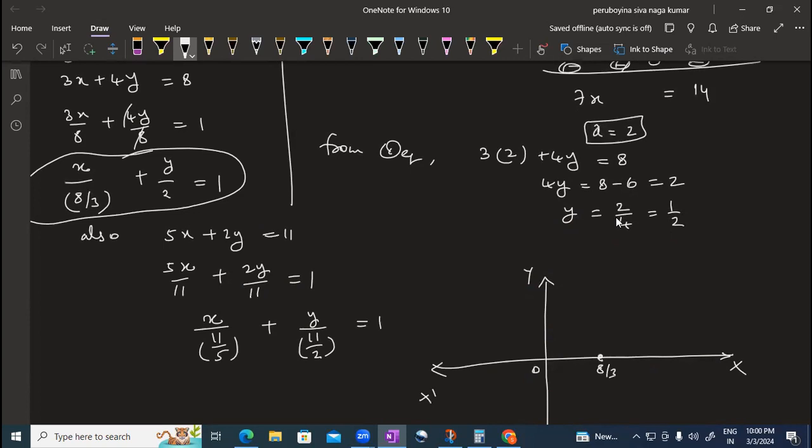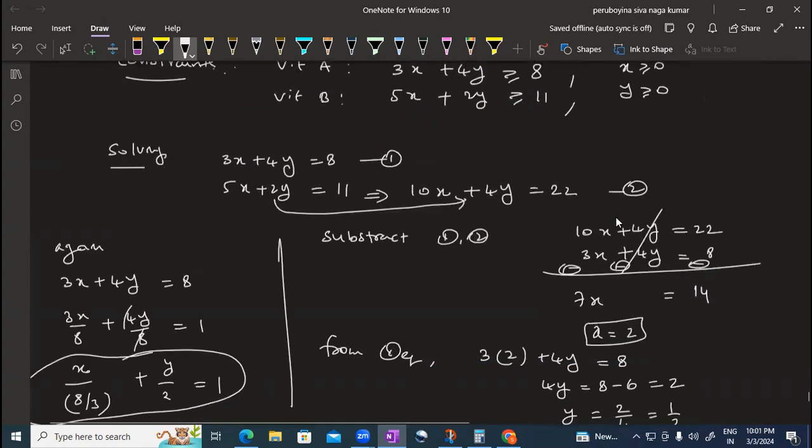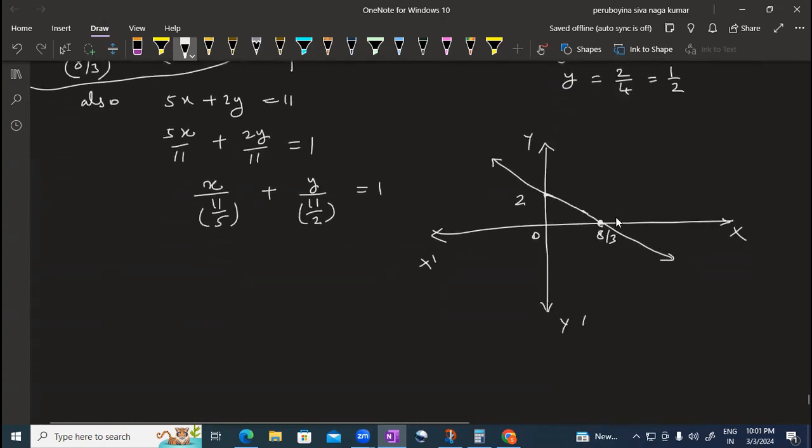The y-intercept is 2. Draw a line like this and make arrows for that one also. It is showing greater than, right? For the first equation and the second equation, both are greater than, which means the upside.